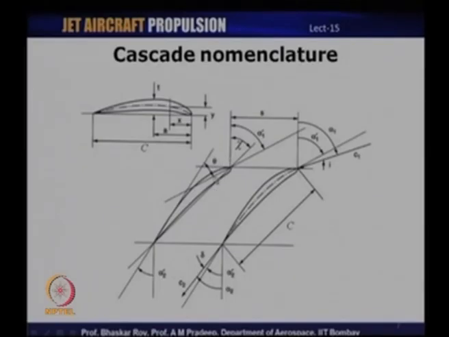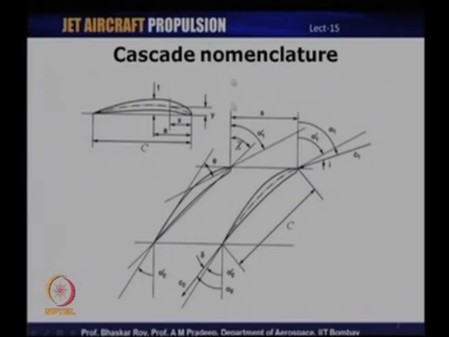This angle, represented by theta, is known as the camber angle of this particular blade. So, cascade blades have a certain camber angle, which is the angle subtended by the tangents to the camber line at the leading edge and the trailing edge. And then the angle shown here as psi is the stagger of the blades, that is, these blades are set at a particular angle. Stagger is sometimes also referred to as the setting angle, and this is the angle between the chord line and the axis of the cascade.